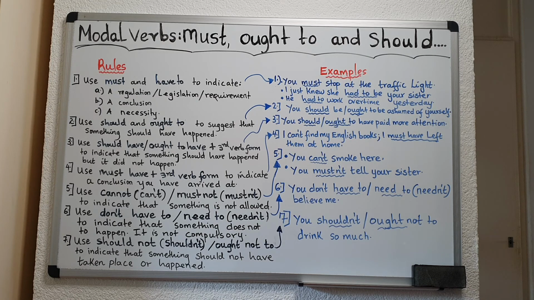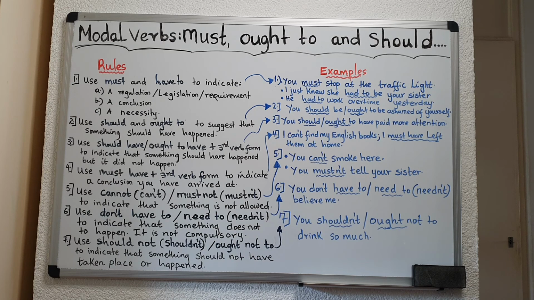But before I end the lesson, I'm just going to remind you of the key rules. If you want to indicate a legal requirement, that something is required by law, or that you have arrived at a certain conclusion, or that something is a necessity, use must and have to.